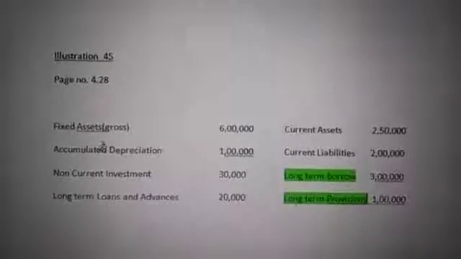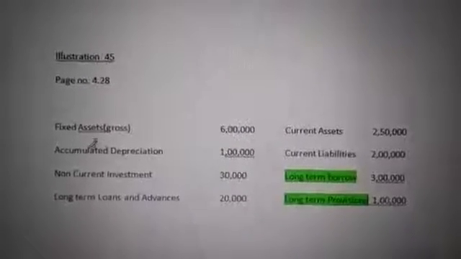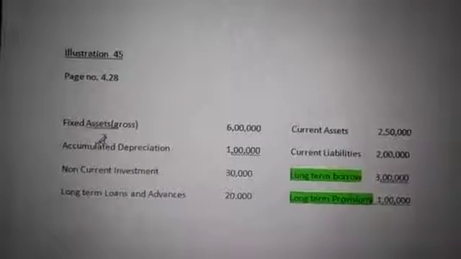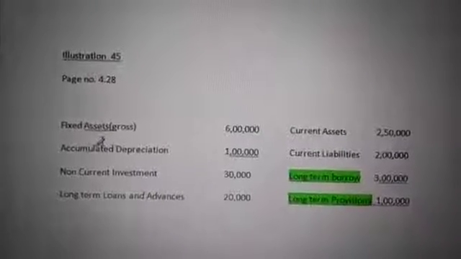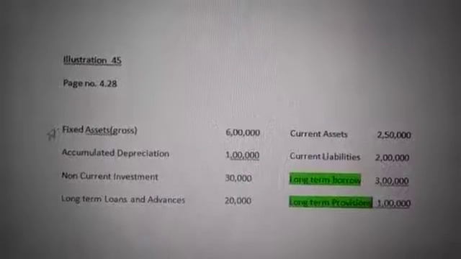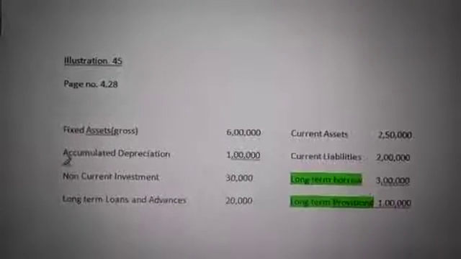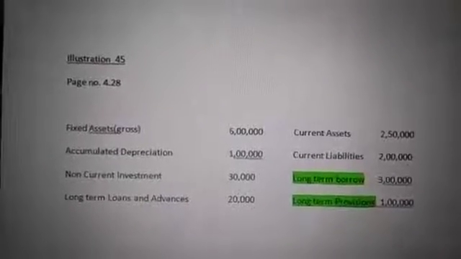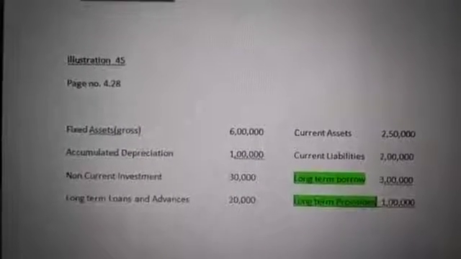Fixed asset minus accumulated depreciation is what? Non-current assets. So we have to add fixed asset minus accumulated depreciation. I am just pointing out with red.